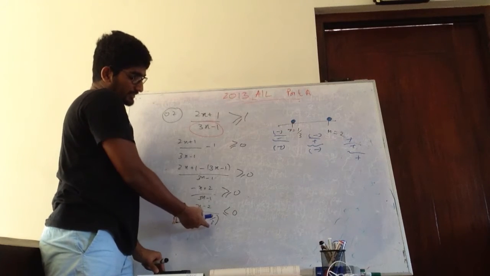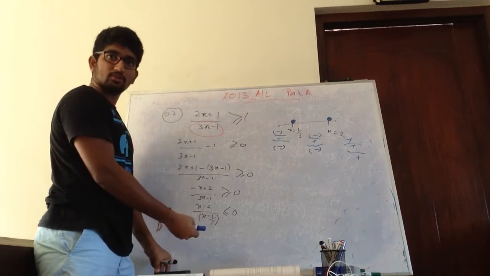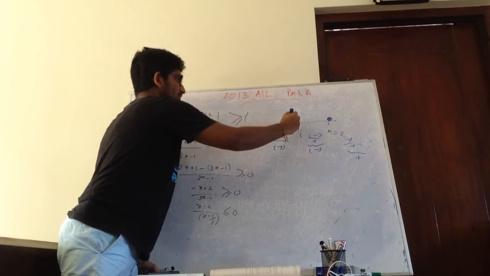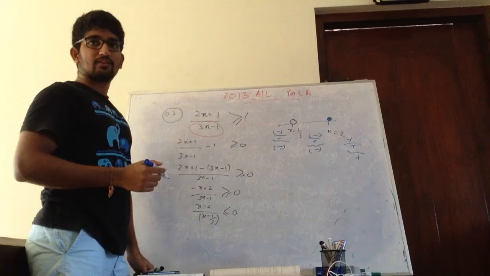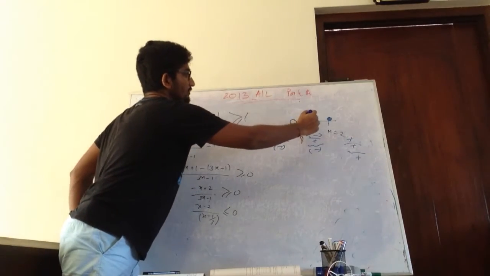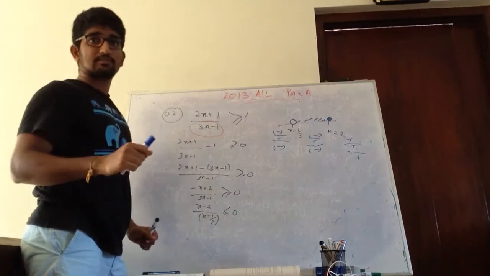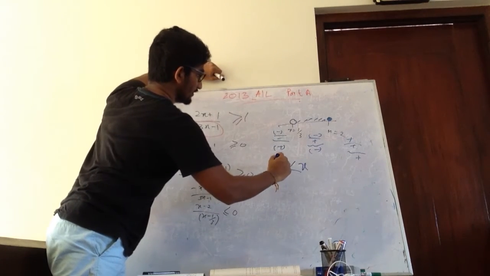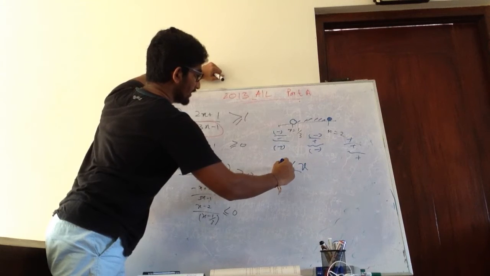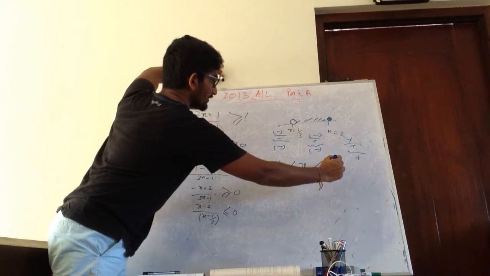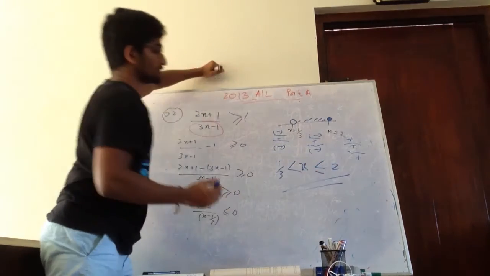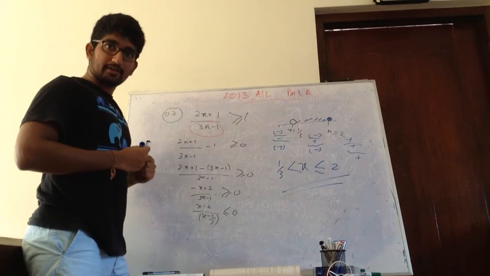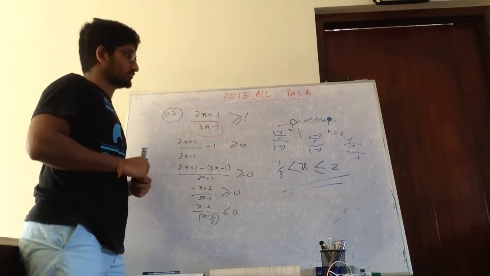If x is 1 over 3, this is going to be 0, so this part can't be there. So you will get this thing like that. So then it will be in the range of this, right? So x will be greater than 1 over 3 and greater than or equal to 2. Right? Understood now?